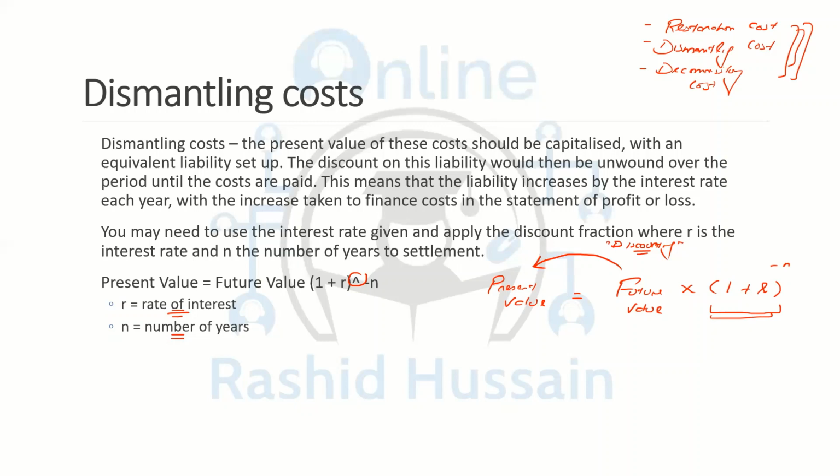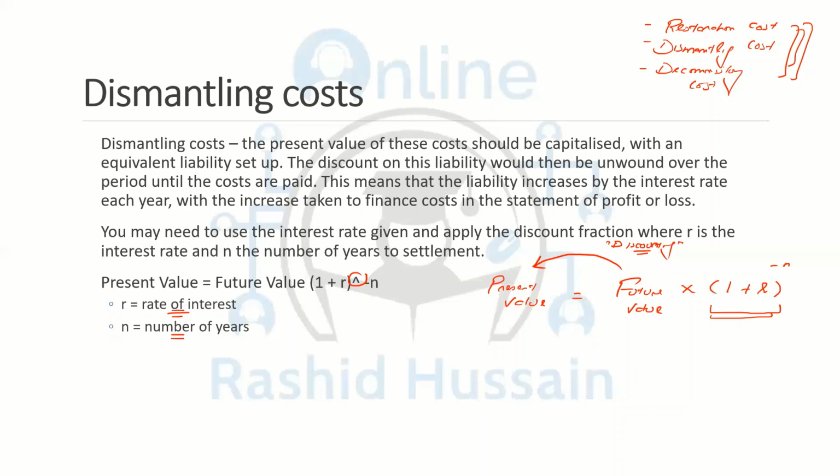Now, the idea is that you have installed an asset, you're using it, and you're required, either by contractual obligation or legal obligation, to dismantle it, decommission it, or restore the site after a certain number of years.